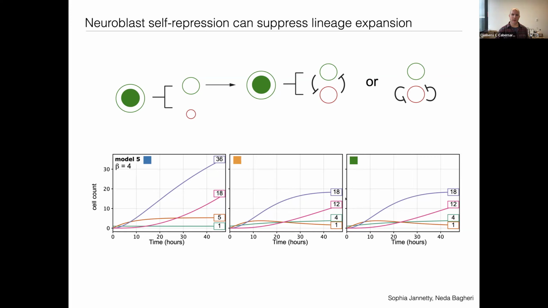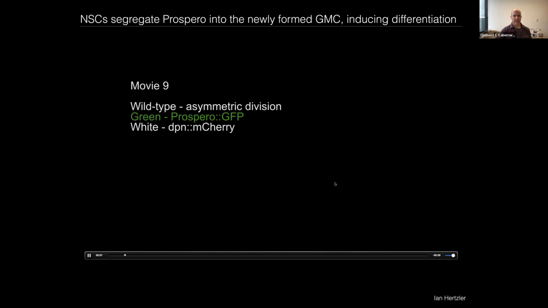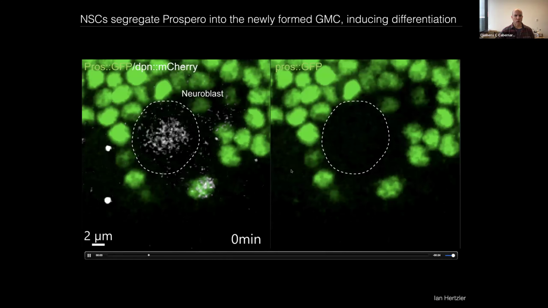And so while we don't quite know how volume and cell proliferation and lineage expansion are related, we maybe have some insight into the self-repression mechanisms. And so to this end, we imaged Prospero, which is a self-differentiation marker, as I've shown you before, which actually segregates asymmetrically, as this movie should show you.